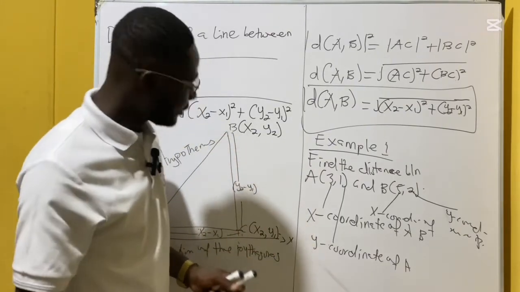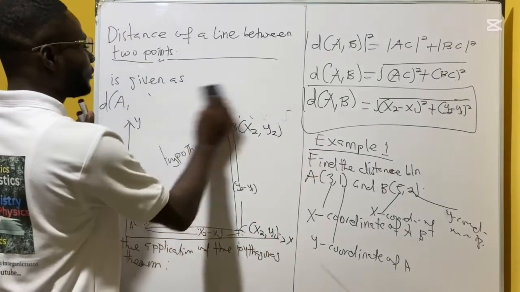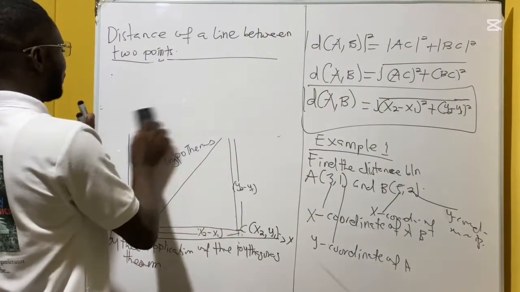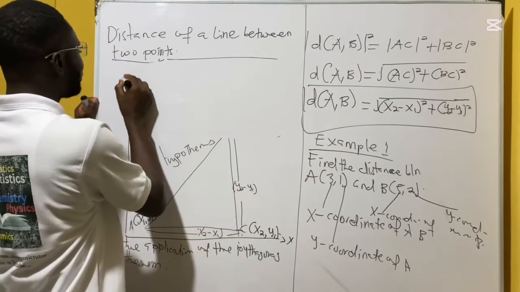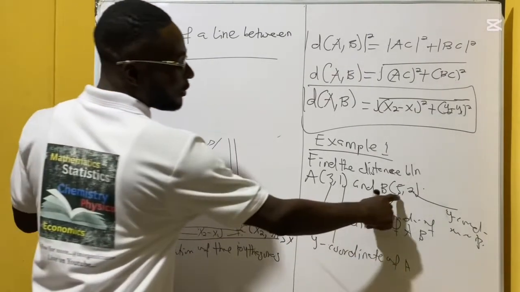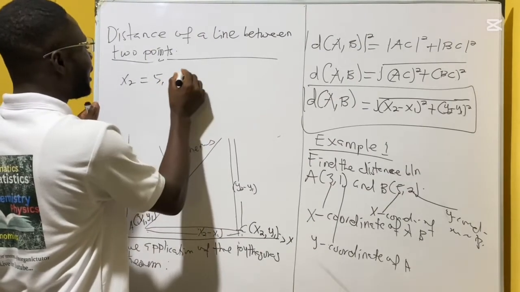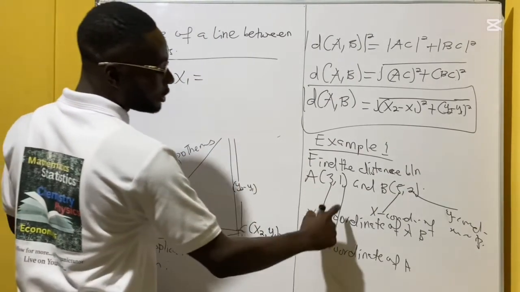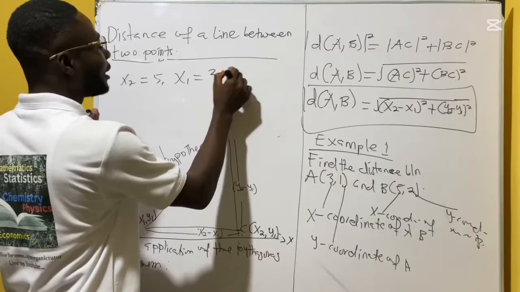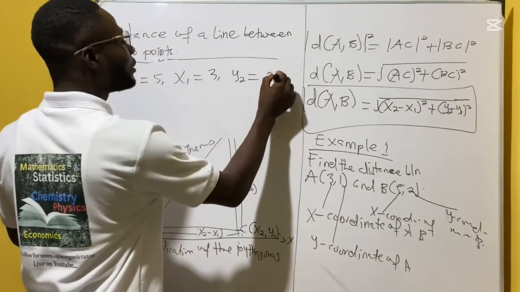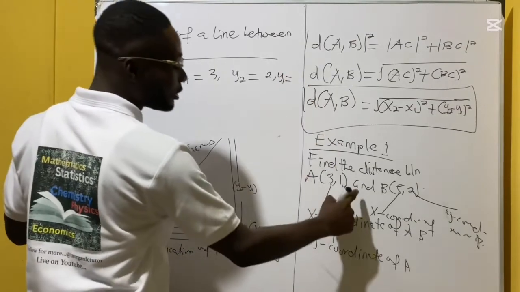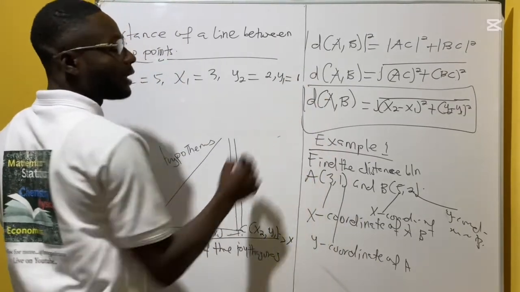So here we know that our x2 is going to be 5, right? Our x1 is going to be 3, and our y2 is going to be 2, and y1 is going to be 1, right?